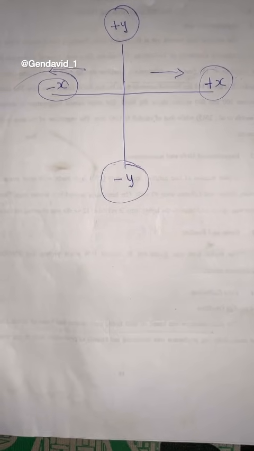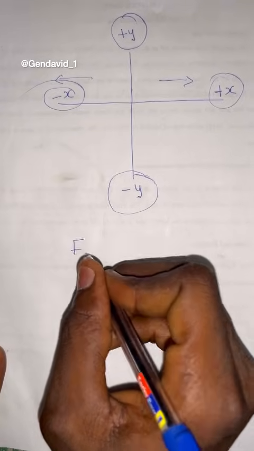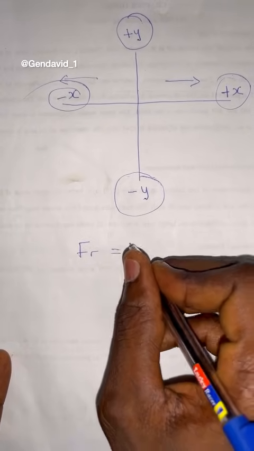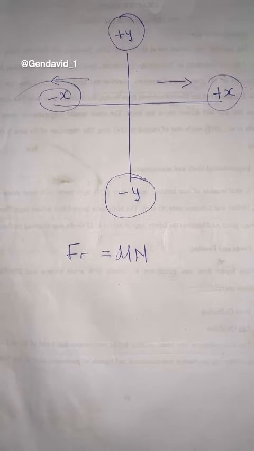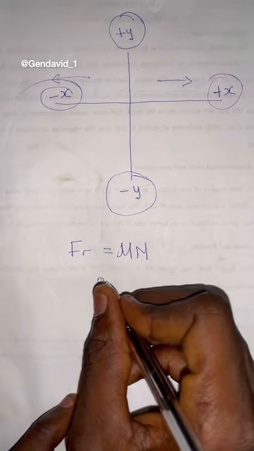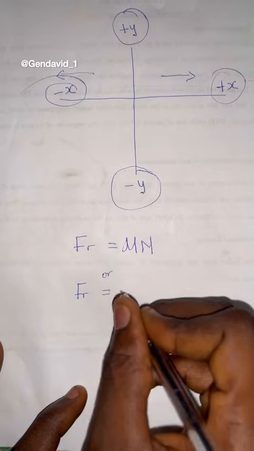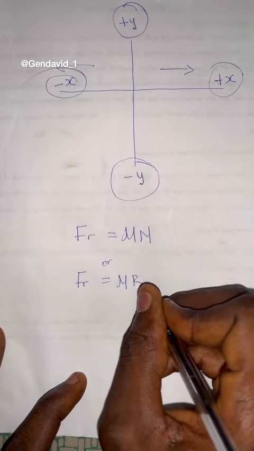Now that one aside. At the same time, when you are talking about frictional force, you still need to understand the formula for frictional force, which says that frictional force is equal to the coefficient of friction multiplied by the normal force. In some textbooks, you have it as Fr is equal to the coefficient of friction multiplied by what?